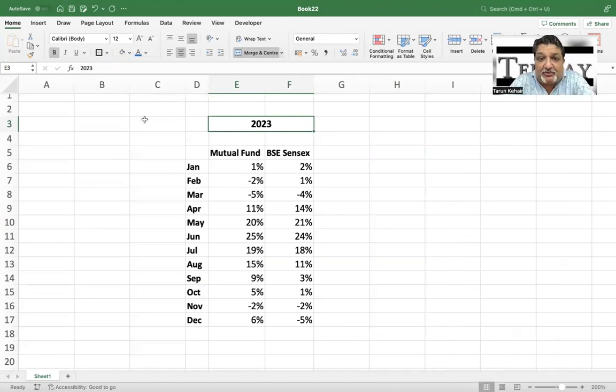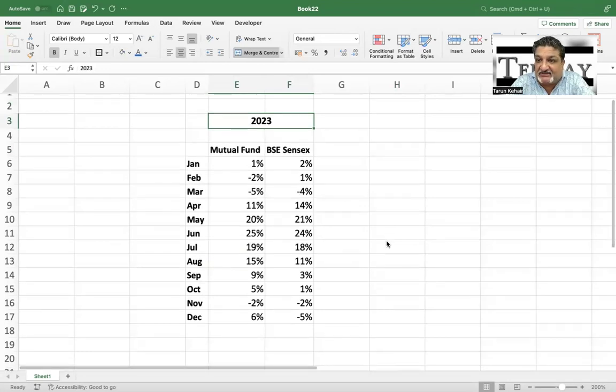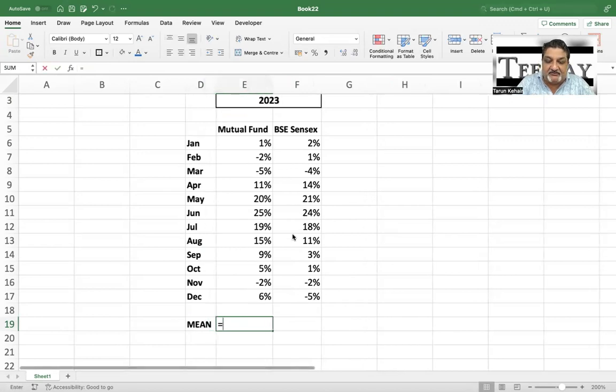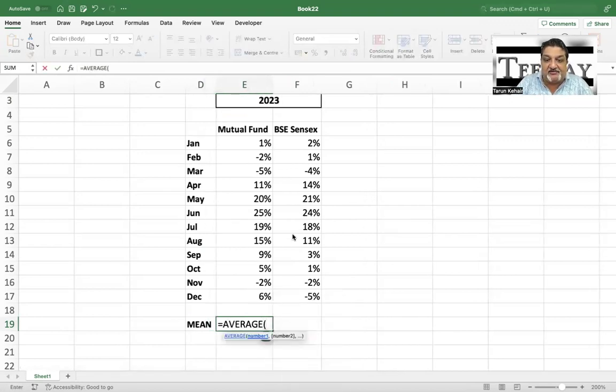Now, जब आपको म्यूचुअल फंड और सेंसेक्स का डेटा सामने दिख रहा है, the first step whenever you see some data like this which gives you returns for a mutual fund and for an index like the Sensex, the first step you should do is find out the mean return. तो सबसे पहले हम mean को find out करेंगे, which is nothing but average.